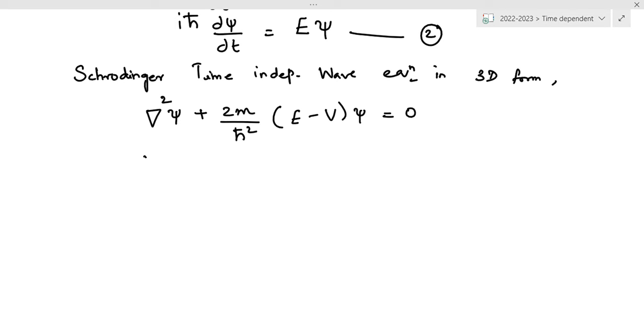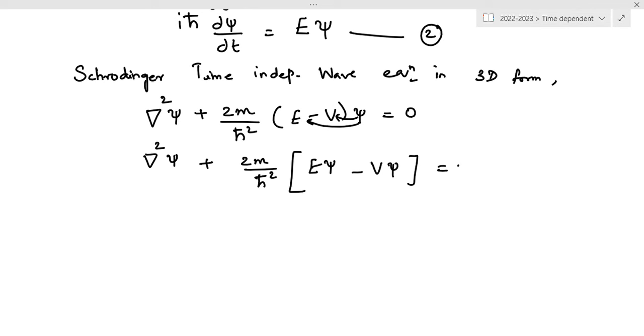I am rewriting this as del square psi plus 2m by h cross square, taking this psi inside, E psi minus V psi is equal to 0. Let this be equation number 3.